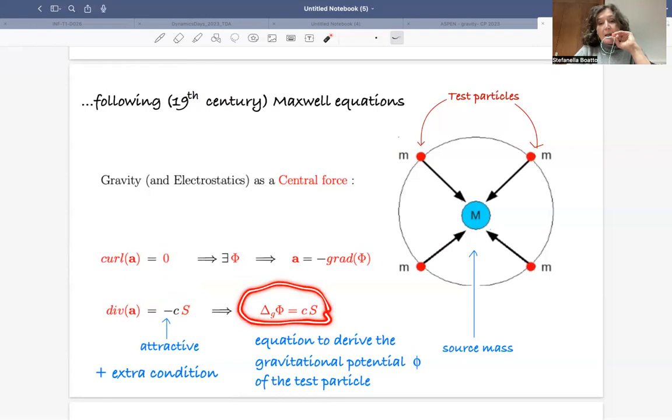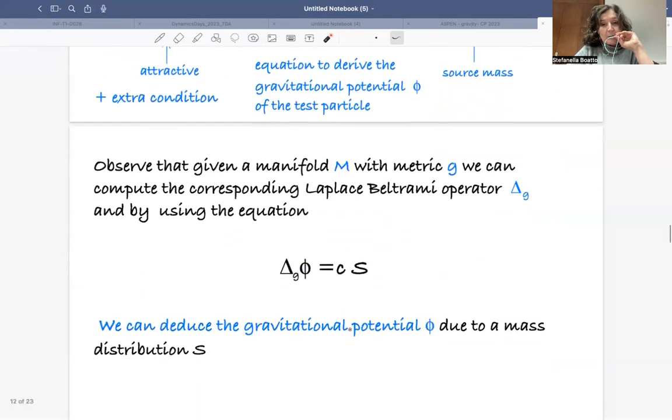So now, what is the advantage of this approach? We gain an equation to compute the gravitational potential, okay? So this is a gravitational potential.